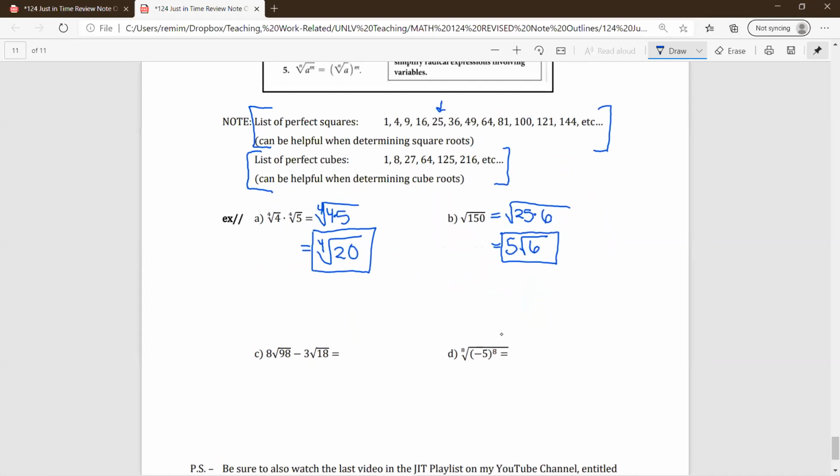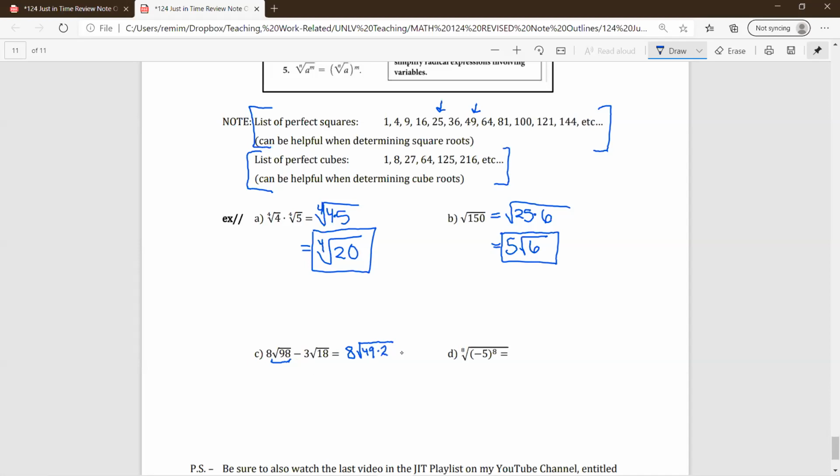Part C looks a little bit more complicated, but just handle each part one at a time. So I'll focus on the root 98. I'll write down the 8, and then the root. Now this is a square root, so I'm going to look again in this list of perfect squares. I ask myself, what's the biggest perfect square here that 98 is divisible by? 49 is going to work. So I'm going to write it as 49 times 2.